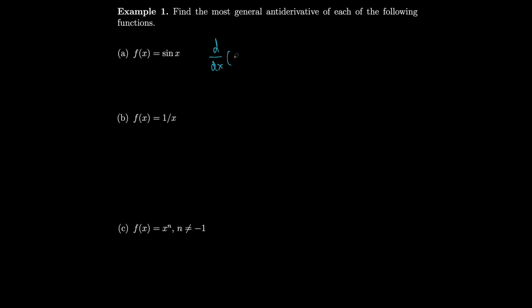So the derivative of minus cosine would equal sine. The derivative of the cosine part is minus sine, then the minus cancels. So this means that the most general antiderivative, capital F, will equal minus cosine plus some constant. Because when we take the derivative to test this, we get sine plus 0. So that works.